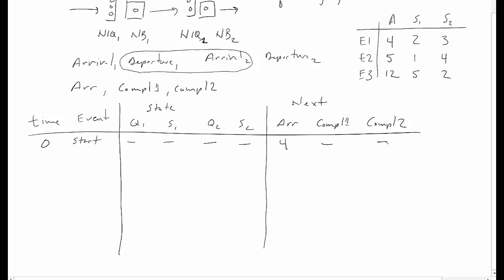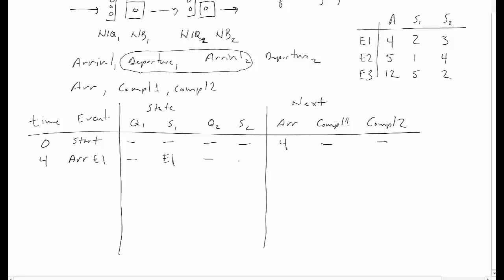We don't have any completion events because we have no entities being served. So we look at our current time 4, we look at our next events, 4, and then no events here. We take the minimum and jump to time 4, and the event, of course, is the arrival of E1. When E1 arrives, it starts immediately in service. E1 is in service at S1.